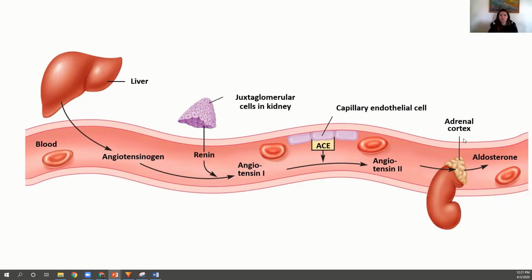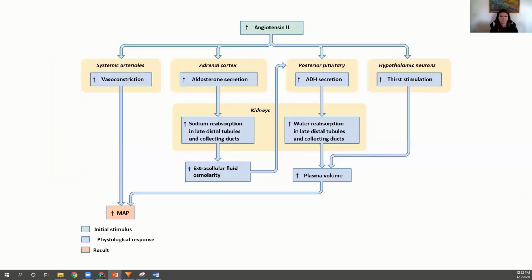Angiotensin 2 causes the secretion of aldosterone, and the specific part that's making aldosterone is the adrenal cortex. The adrenal glands are sitting on top of the kidney, and the adrenal cortex is secreting aldosterone, which then dives into the kidney and affects our sodium balance there, and also continues along in our blood flow through the rest of the body.